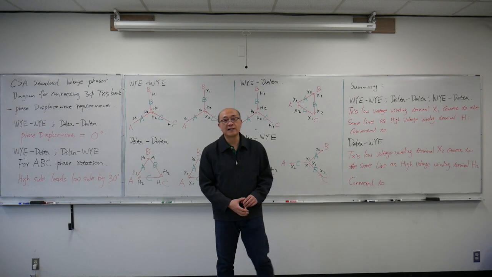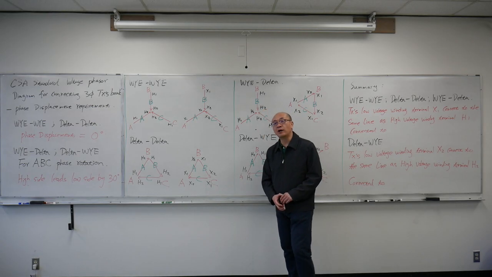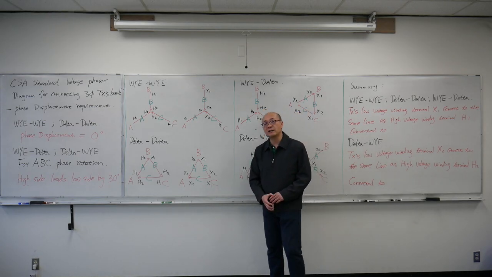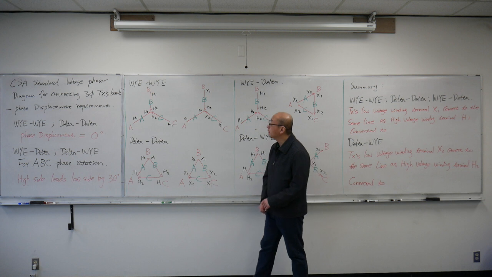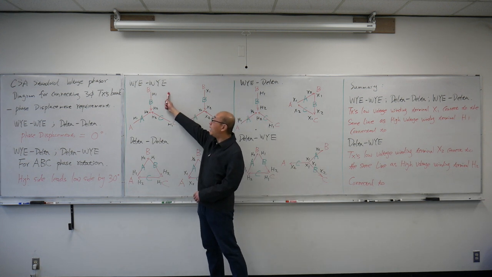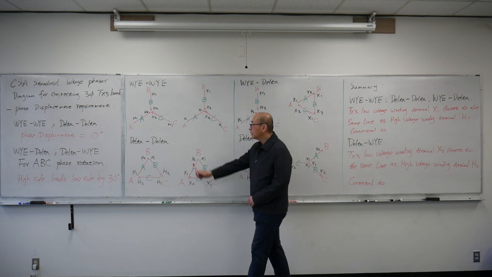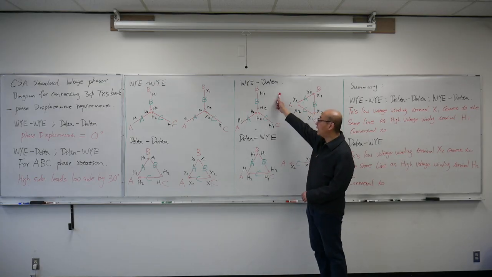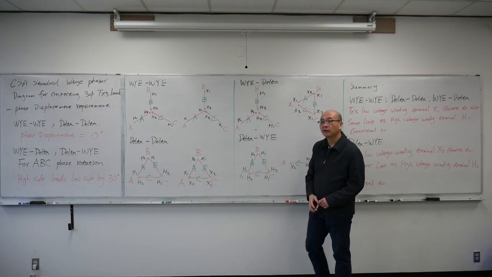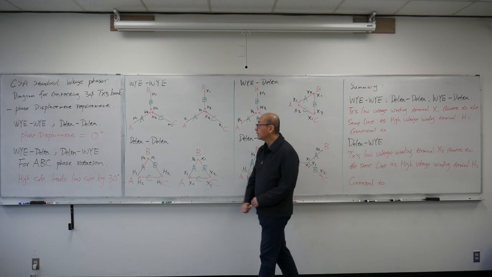So that's the CSA phase displacement requirement. Now we're going to look at those phasor diagrams. The first one is Y to Y connection, then delta to delta, Y to delta, delta to Y. We'll discuss each of them.